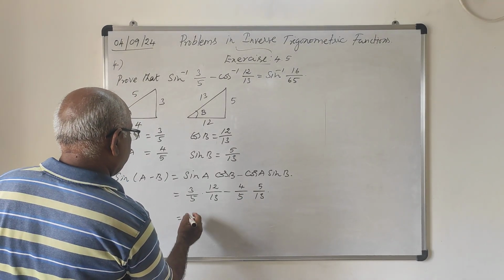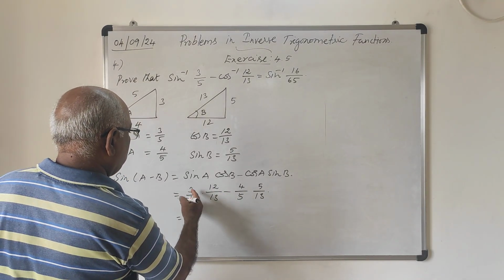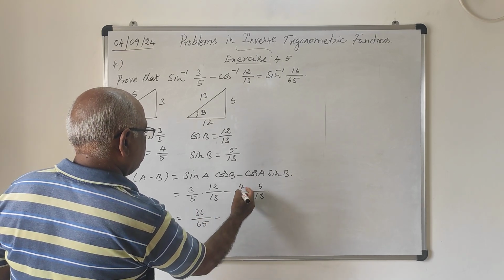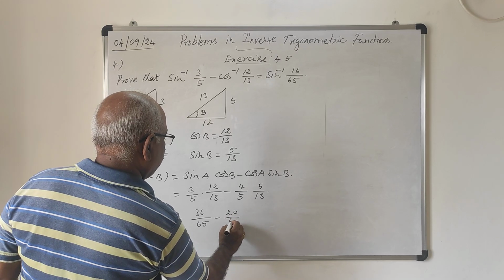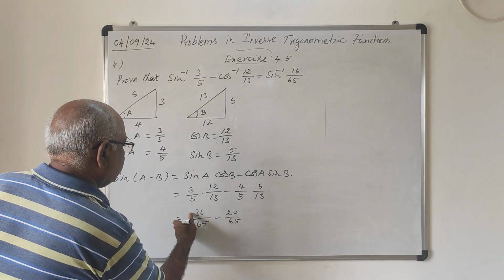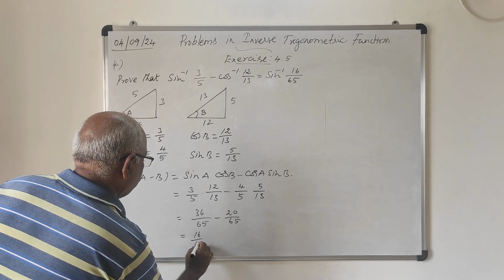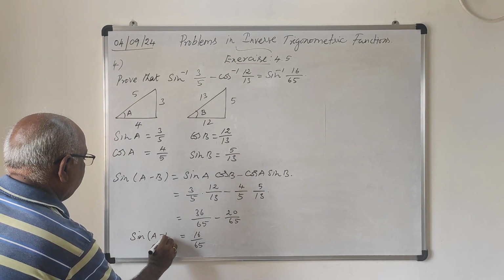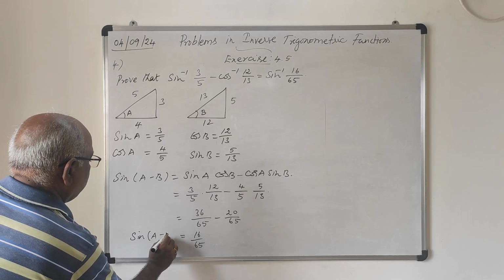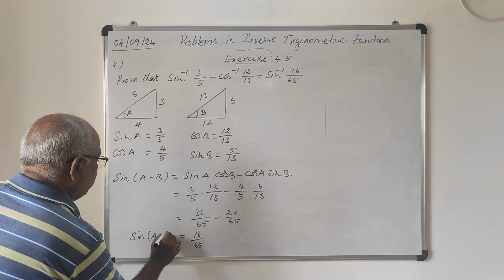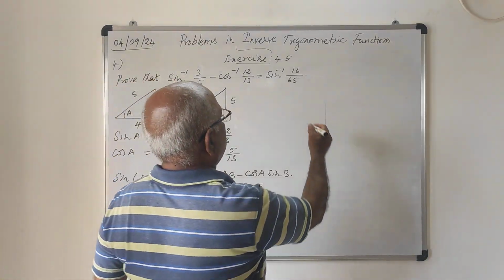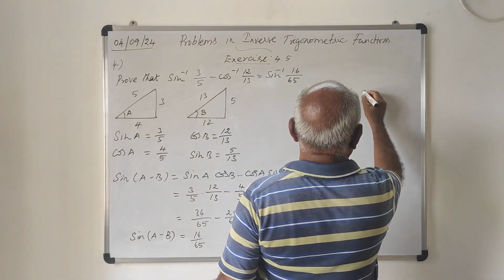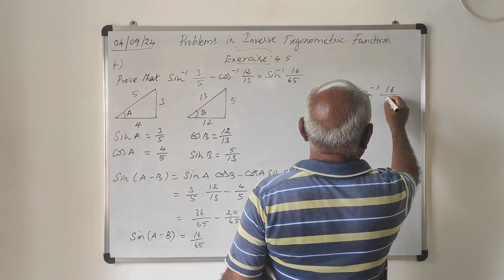From this you get 3 12s are 36 by 65 minus 4 5s are 20 by 65. Subtracting, 36 minus 20 is 16 by 65. That is sin of a minus b. Therefore a minus b equals sin inverse of 16 by 65.